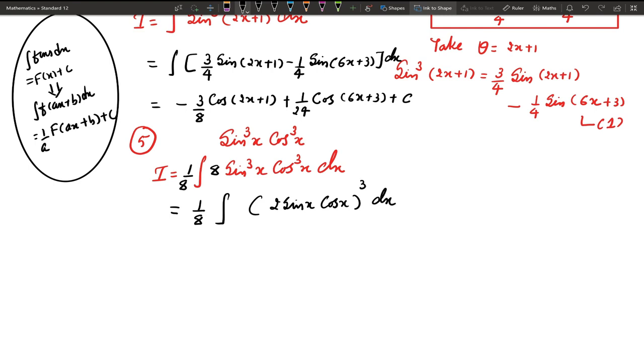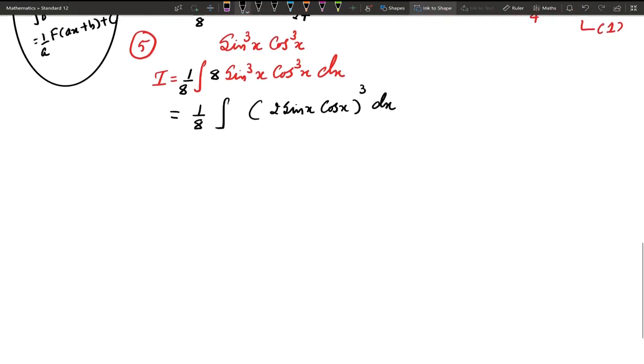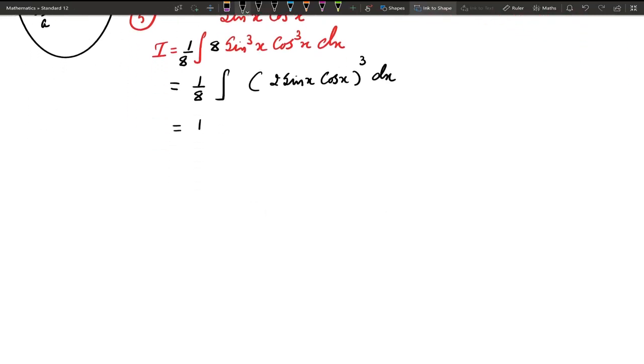So 2 sine theta cos theta is sine 2 theta. So this is 1 by 8 integration sine cube 2x dx. We have used this result, 2 sine x cos x is sine 2x, so sine cube 2x.